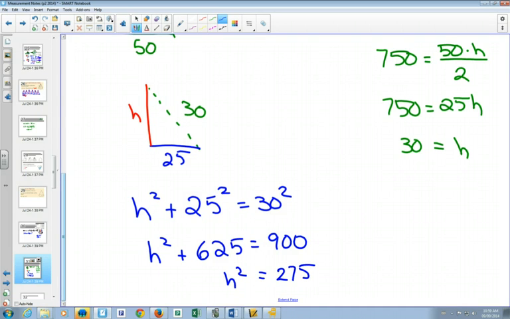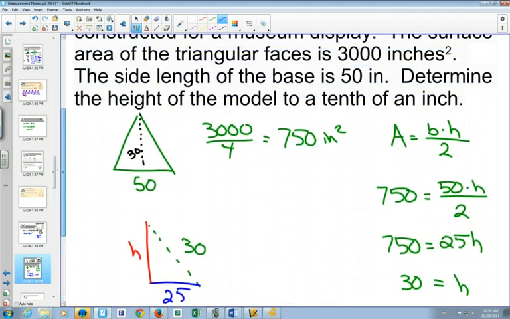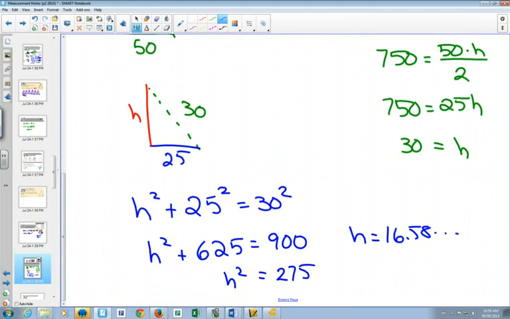And when we take the square root of that, we get h is 16.58. How many decimal places do they want? Nearest tenth of an inch, so 16.6 inches.